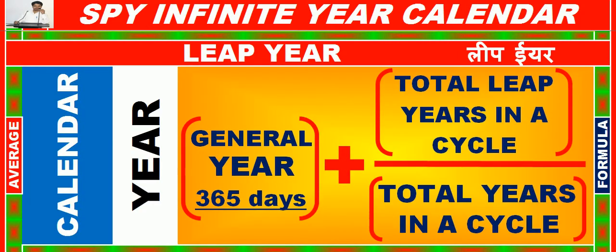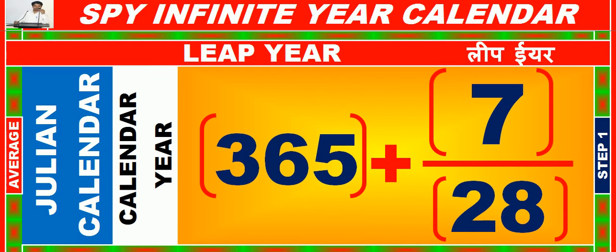Average calendar year is equal to the sum of days in a general year, that is, 365 days, and the result of dividing total leap years in a complete cycle by total years in a complete cycle. Average Julian calendar year is equal to 365 days plus the result of dividing total leap years in a complete cycle, that is, 7 years, by the total number of years in a complete cycle, that is, 28 years.